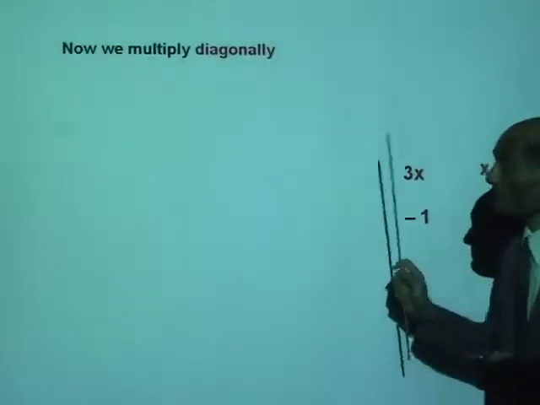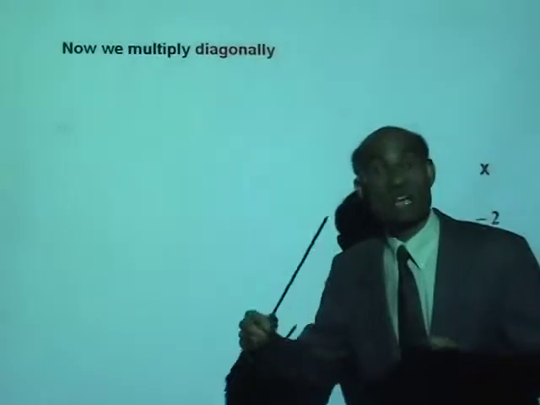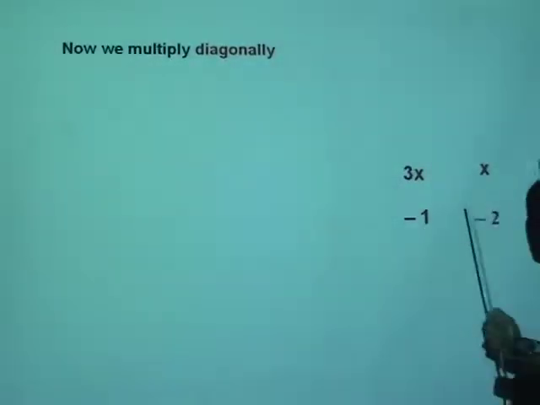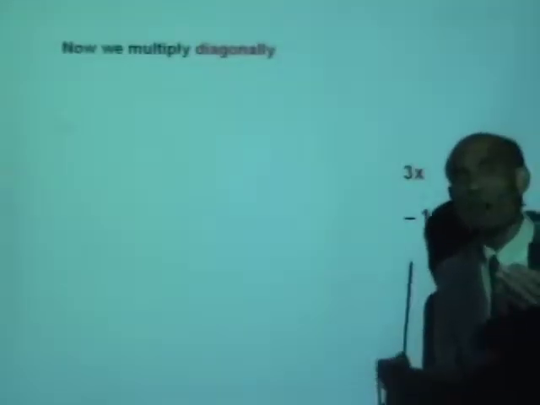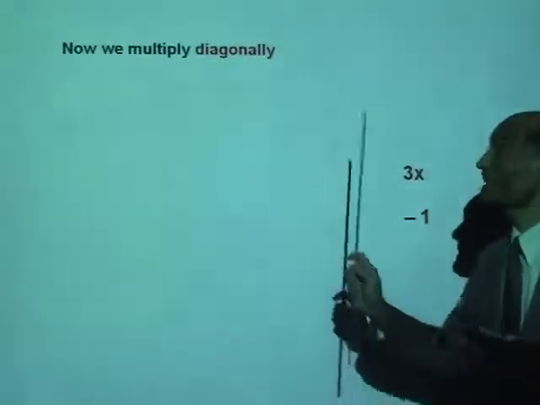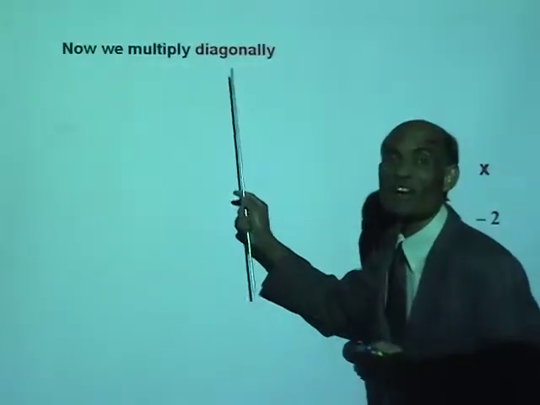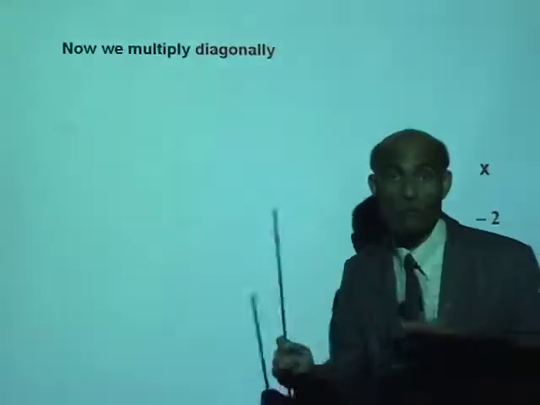Now, we need to perform a test. How do we know whether we have placed these factors in their proper positions? The test is done like this: multiply diagonally, or cross multiply.